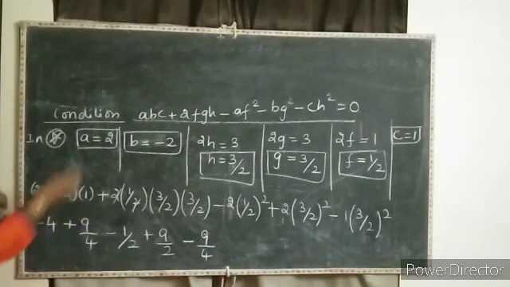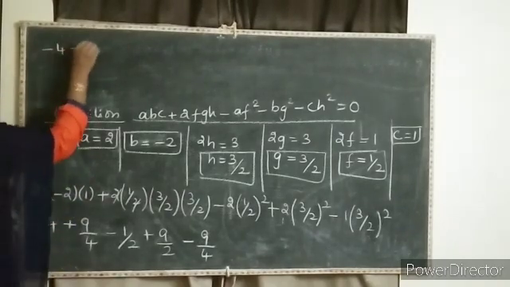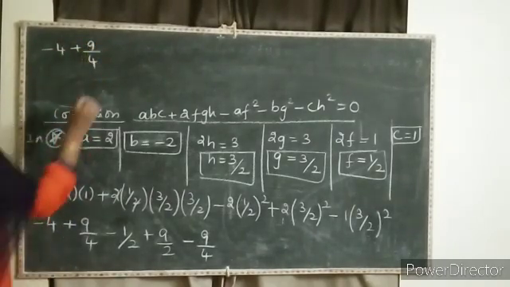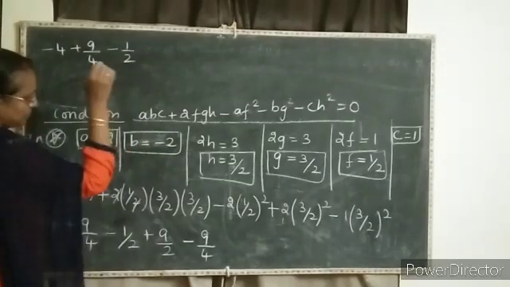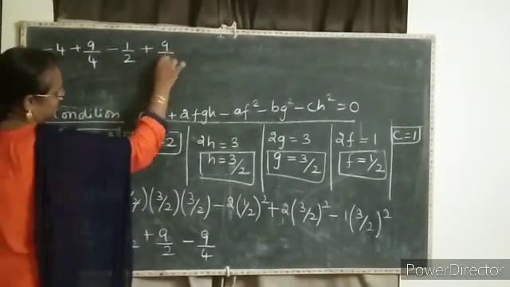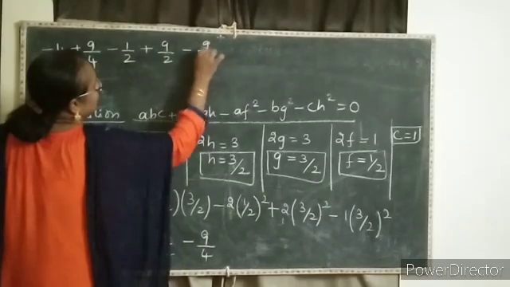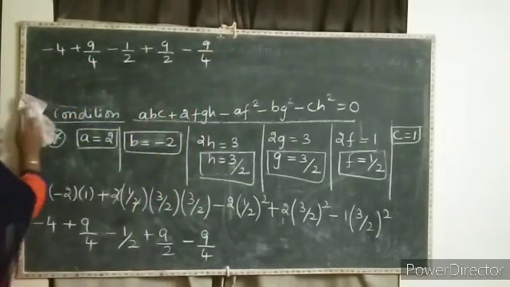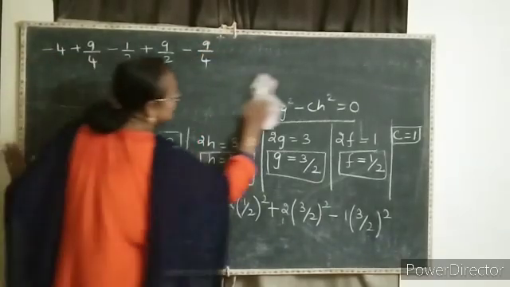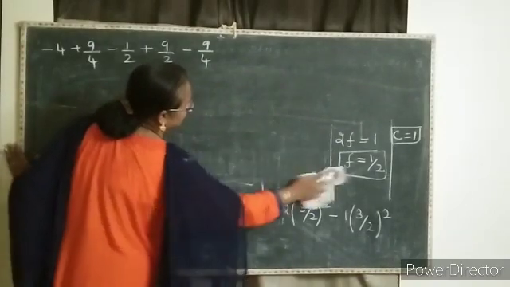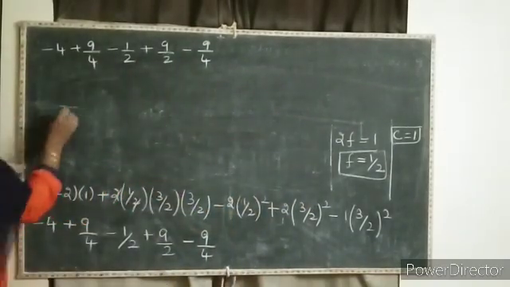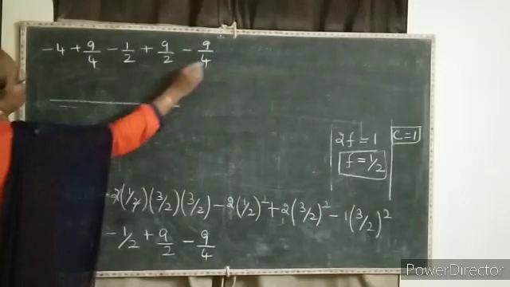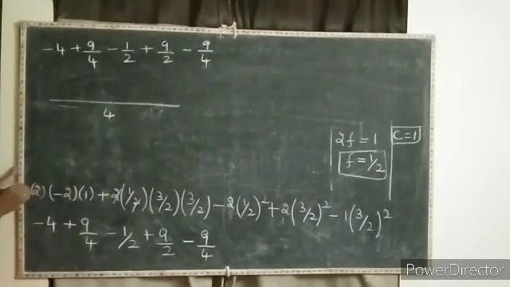Let's simplify. So minus 4 plus 9 by 4 minus 1 by 2 plus 9 divided by 2 minus 9 divided by 4. Since the given numbers are fractions, we are going to take the LCM. 4 will be the least common multiple.